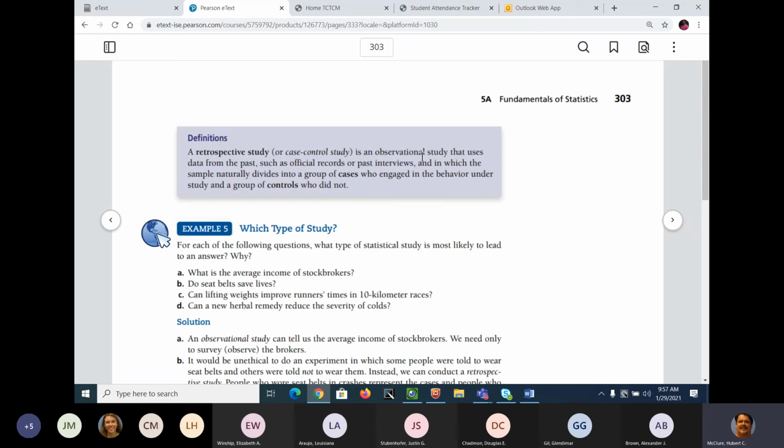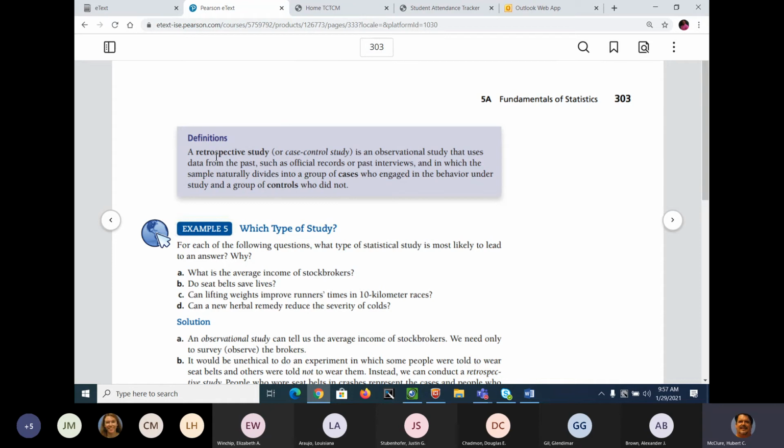Cross-sectional is usually me going to the highway department right now and saying how many drunk driving deaths were reported in the last 6 weeks. And yes, you could argue that that is retrospective, but it's like modern day retrospective.